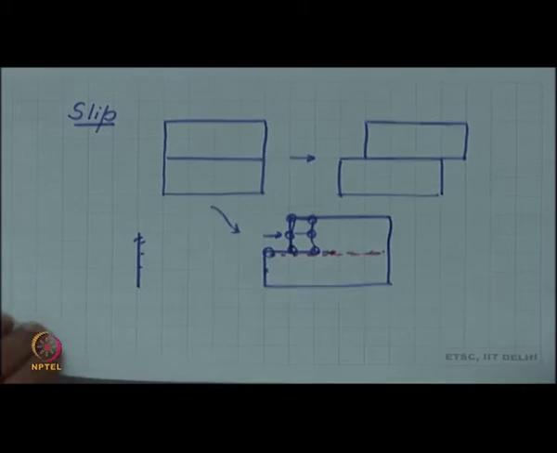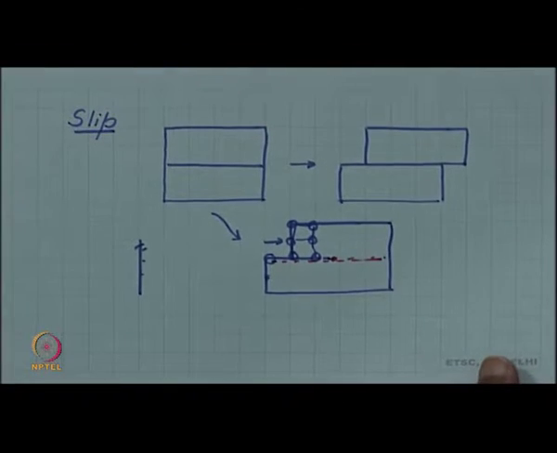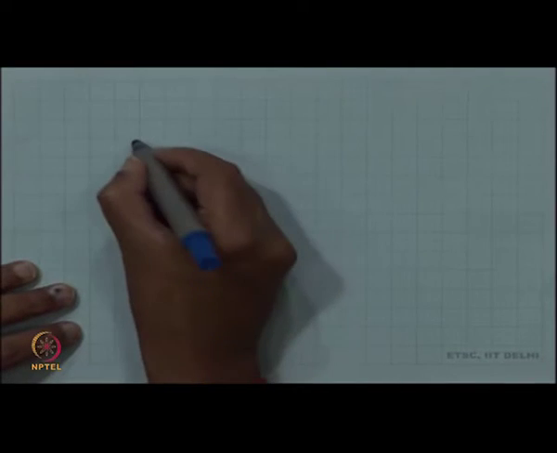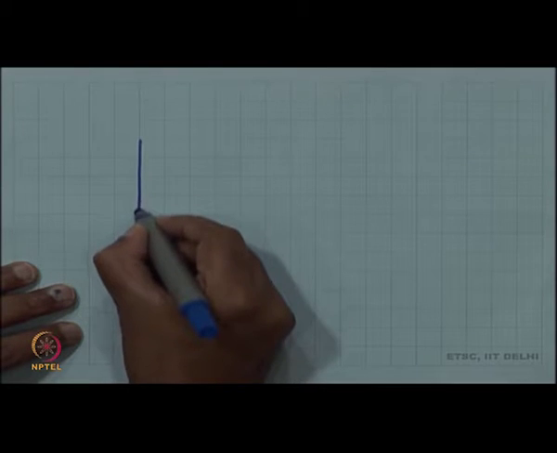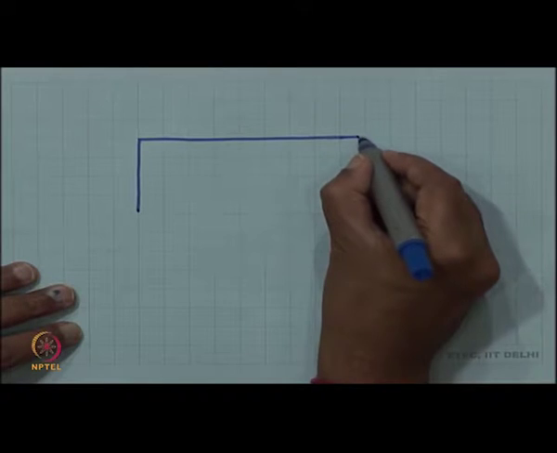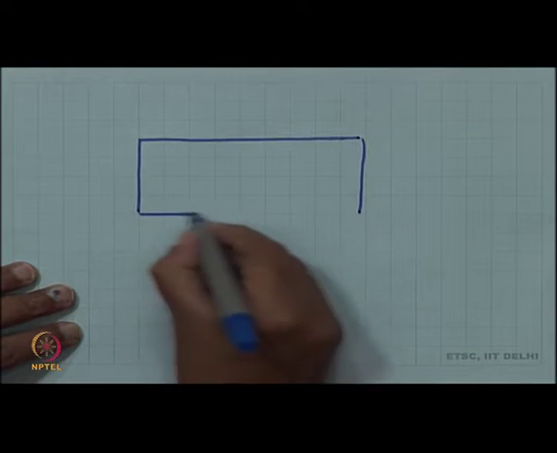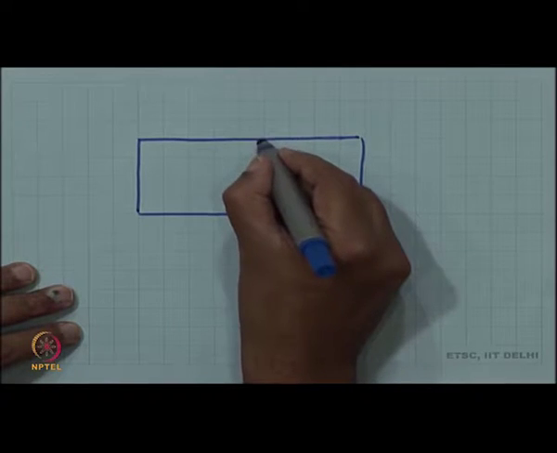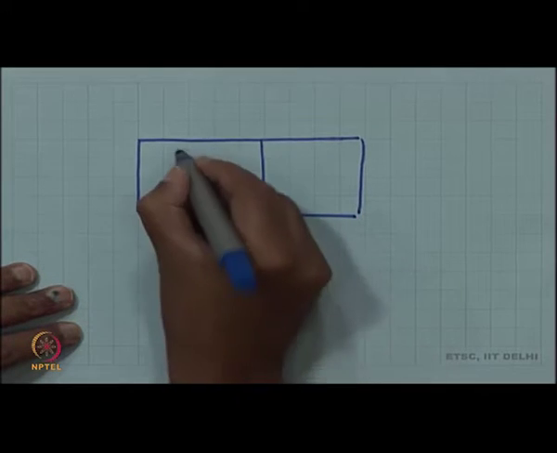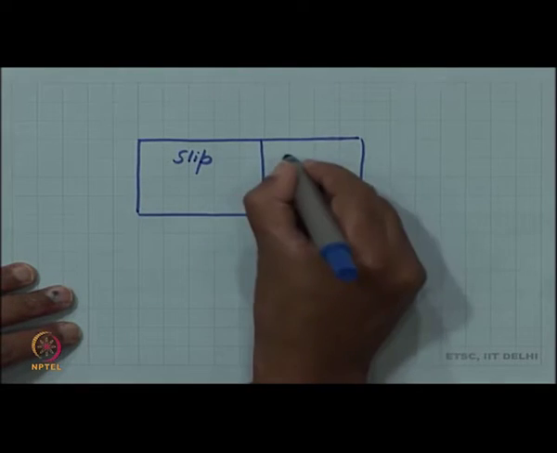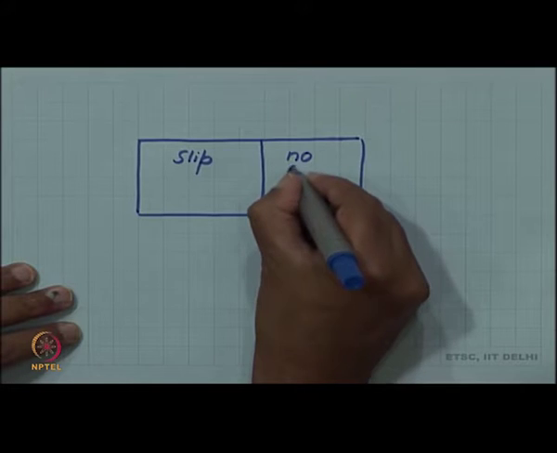So, essentially what is being proposed is that on the slip plane, if you think of the slip plane, slip has not taken place over the entire slip plane, but part of the slip plane has slipped, and on the other part there is no slip.